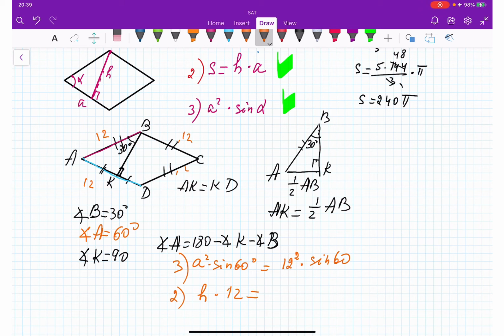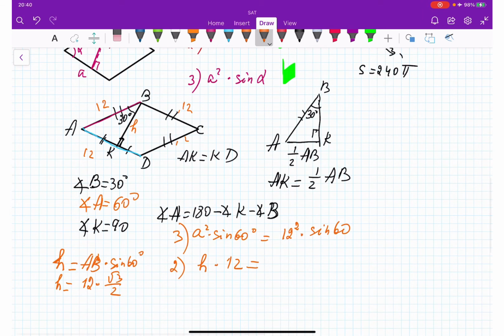And H, I can find out: H is equal to AB times sine 60 degrees, which is 12 times sine 60, which is square root 3 over 2.